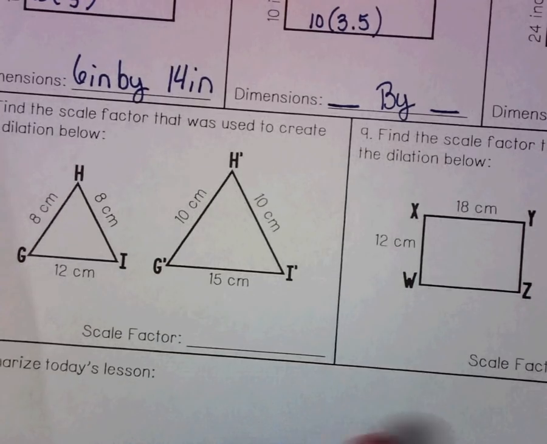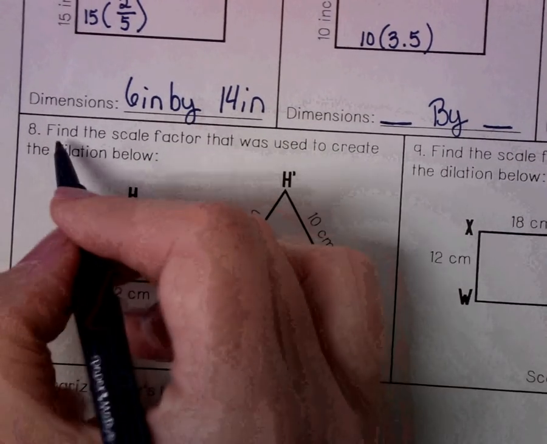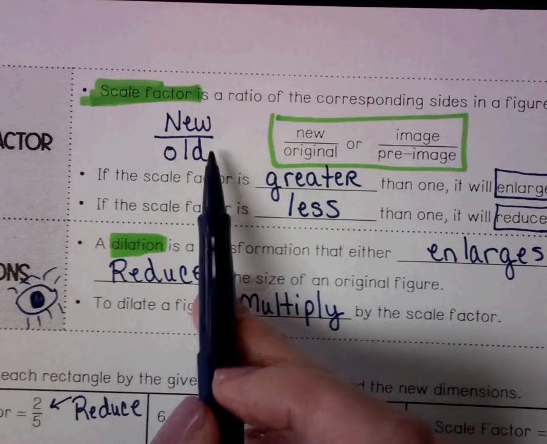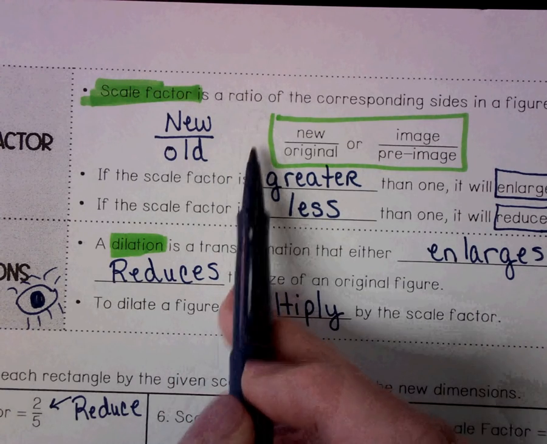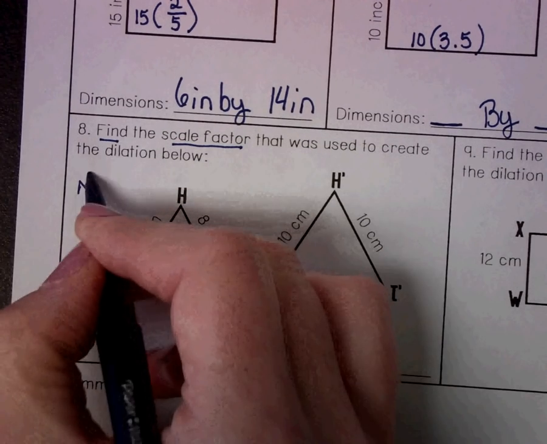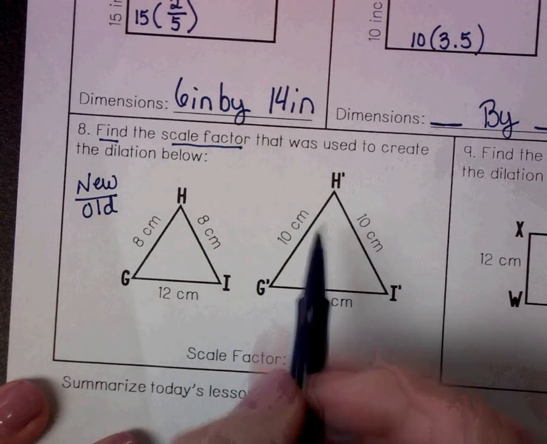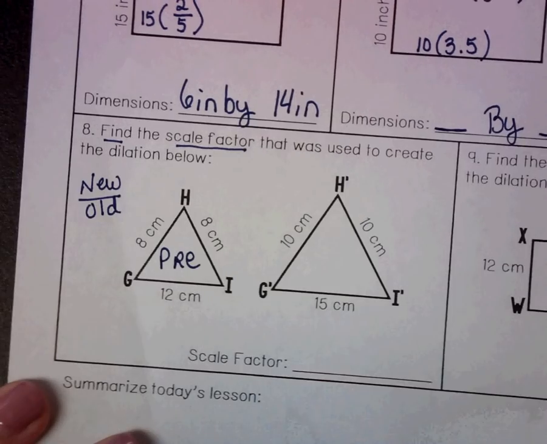Okay, in number 8, we're working a little bit differently. Now in number 8, it wants us to find the scale factor that we used to create it. So going back to the top, remember that when we write scale factor, we always want to put the new image over the original or pre-image. So I need to do the new over the old. So remember, we have to look at our markings to know this is our pre-image or our old.